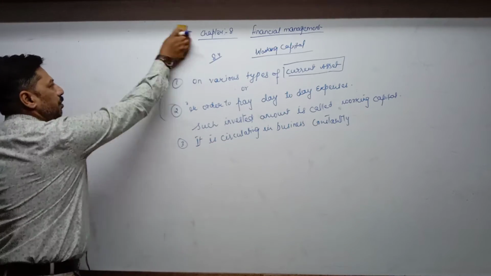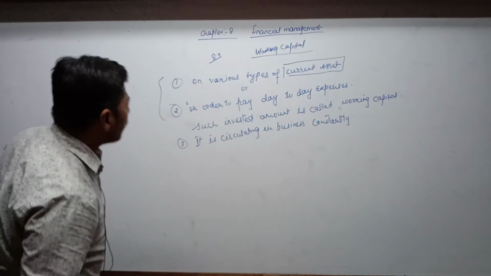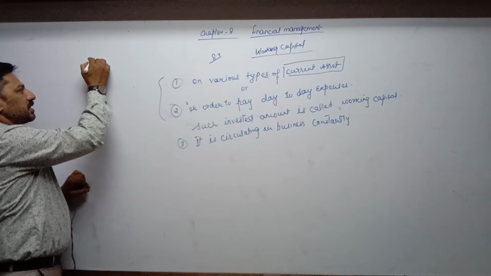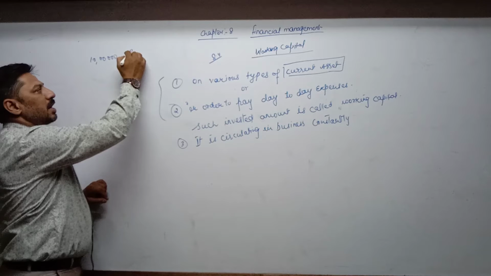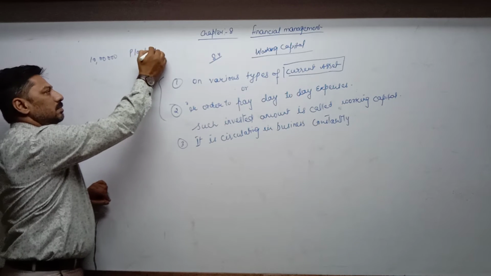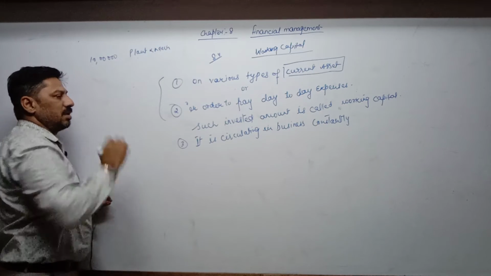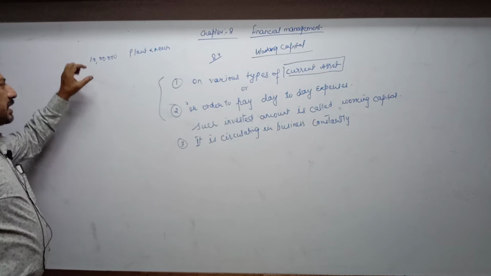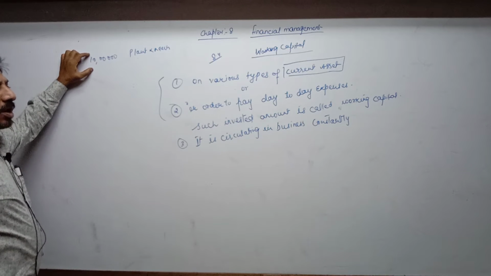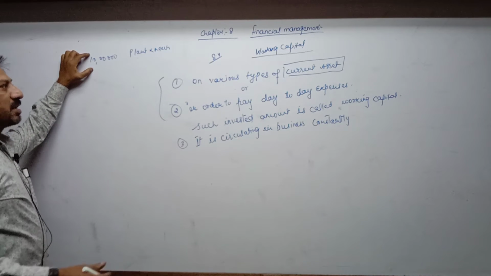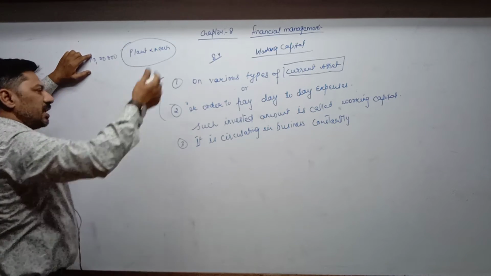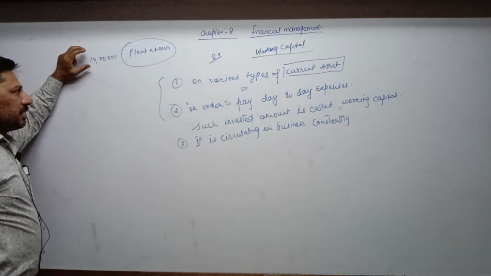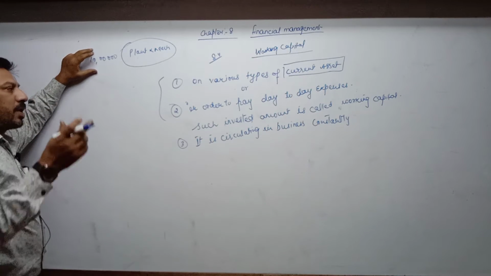If we take the example of fixed asset, for example, we have invested 10 lakh rupees for purchase of plant and machinery. It means we have invested 10 lakh rupees for a longer period, say 10 years, because the estimated life of machinery, if we assume 10 or 15 years, is long.